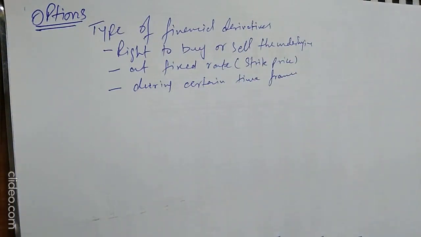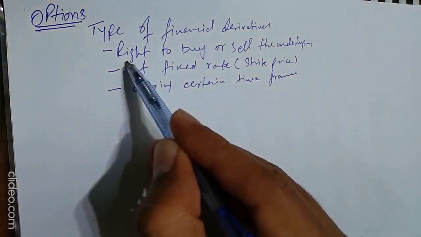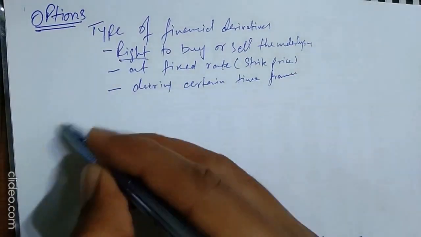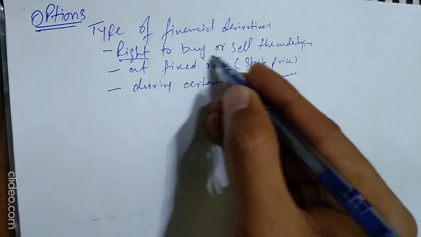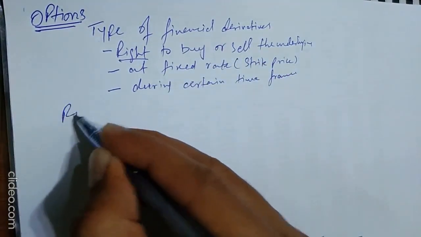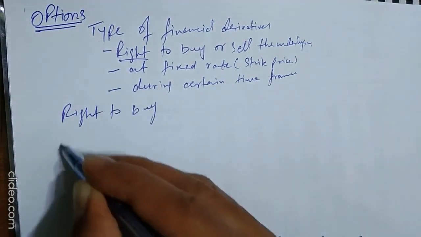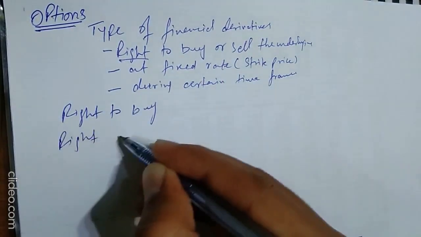Options provide the right to buy or the right to sell. On the basis of these, if you segregate these into two parts, the first is the right to buy and the second is the right to sell.